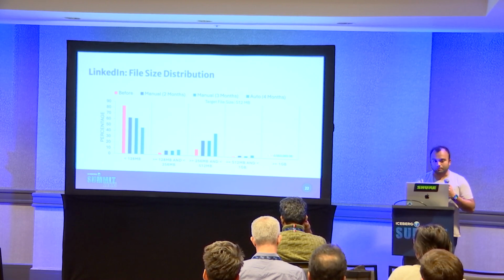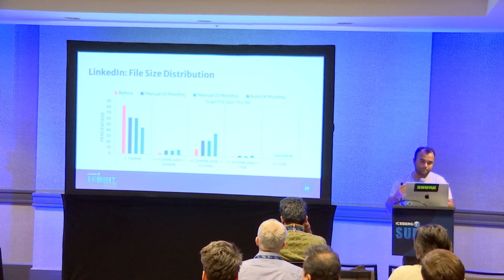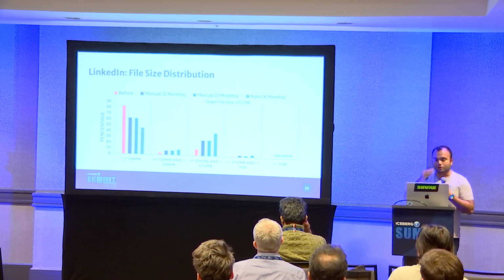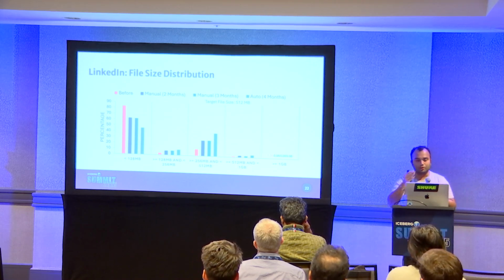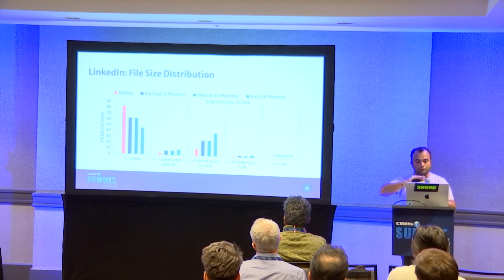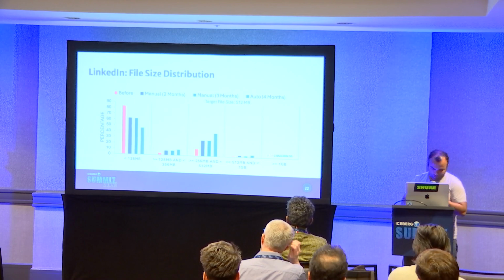That's what we call manual compaction. As you can see, after 2 months of running manual compaction, we saw the dark blue bar, we saw the file size distribution change, and it started shifting right, which is what we want. We wanted all of the file sizes to be closer to 512 megabytes.